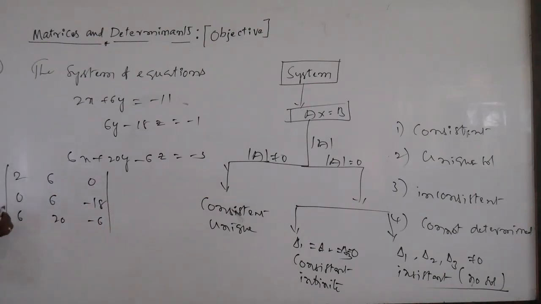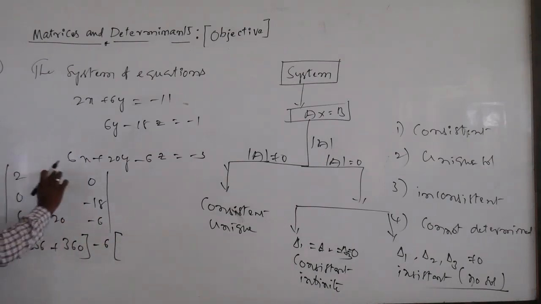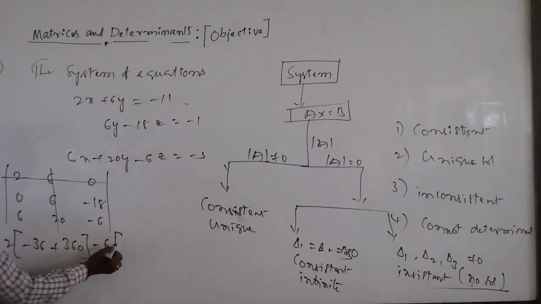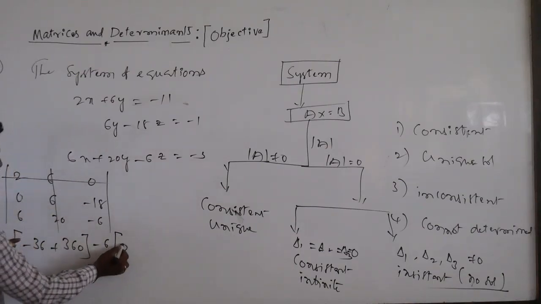If you expand this one, 2 into minus 36 plus 360, minus 6 into, you close this column and this row, this is 0 plus this is 0.